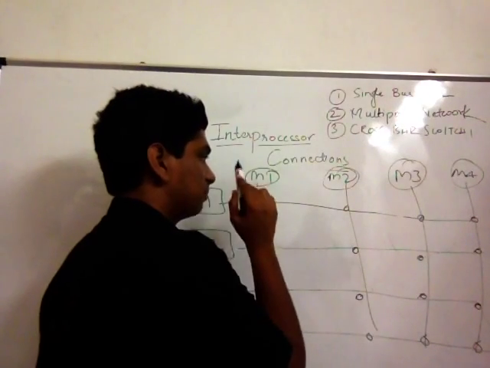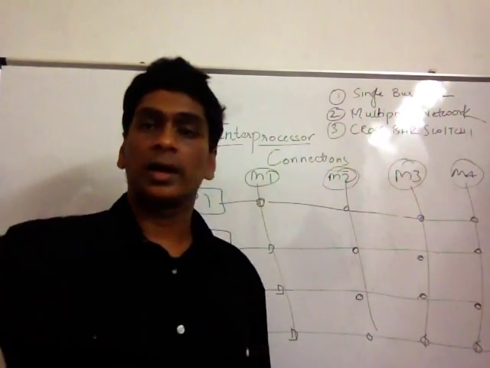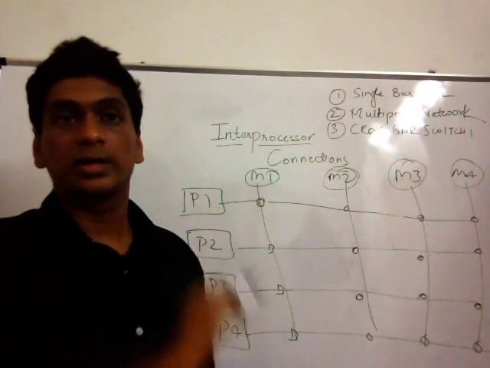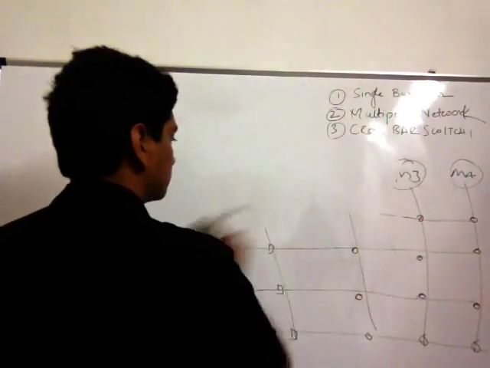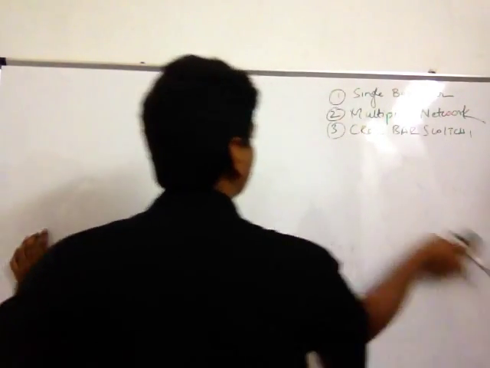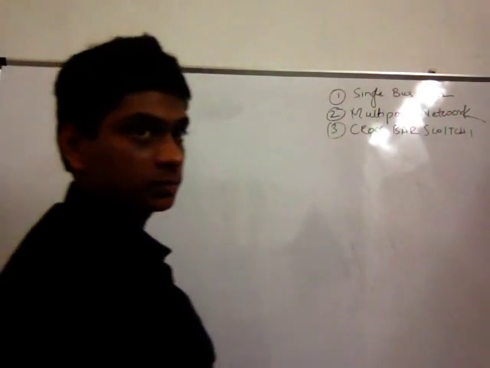Each switch has the multiplexer which determines which processor accesses which memory. So this is all about your crossbar switch. The next type of interconnection is switching networks.